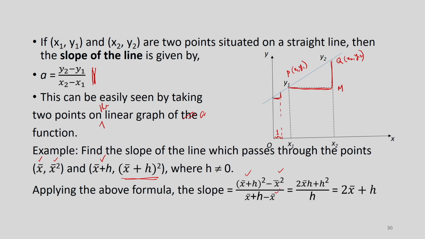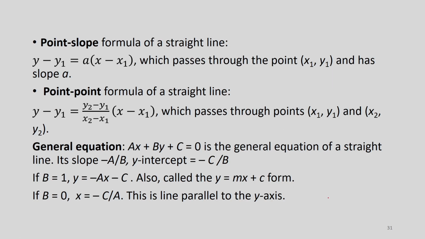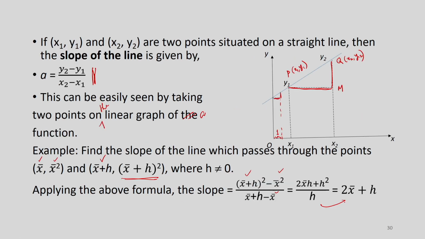Okay. So, I have put everything here and then I will simplify this. From this expression to this expression, you are cancelling h from the denominator and the numerator and you are getting 2 x bar plus h. So, this is the slope of the straight line.